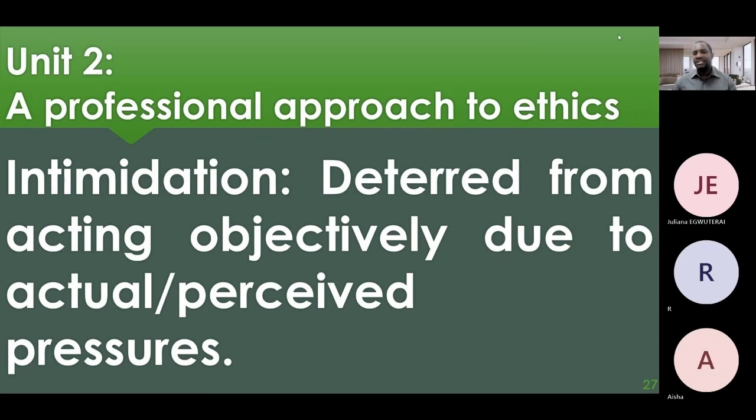And the next one is intimidation. Intimidation threat is being deterred from being objective. You are being threatened by somebody's personality or pressures, actual or perceived. We need to avoid these. There are some intimidations that you may need to resign from. You may need to leave that assignment or leave that client.